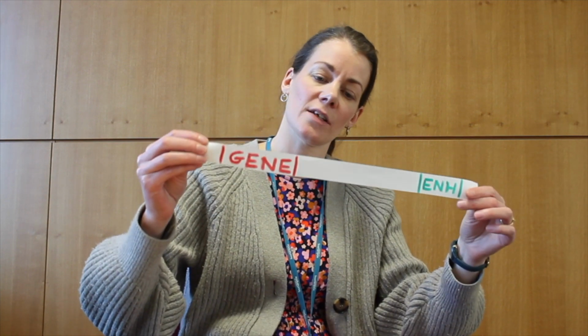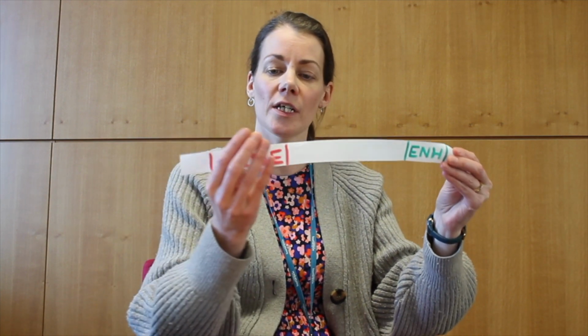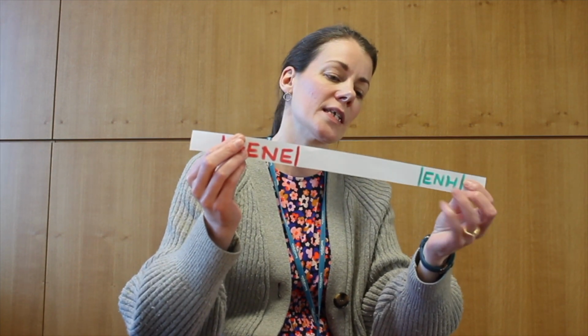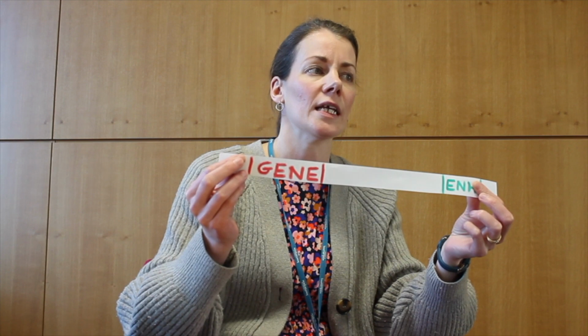One really important aspect of how enhancers actually turn on genes or boost their activation is something called DNA looping. We often imagine chromosomes or DNA as a linear sequence. That will be as depicted on this piece of paper, where you have the gene as a series of DNA bases up here, and the enhancer would be a series of DNA bases down here in green.